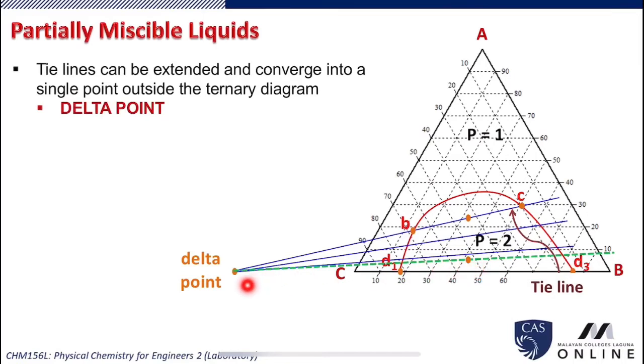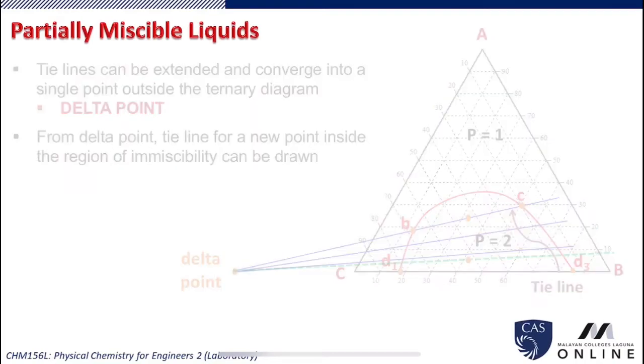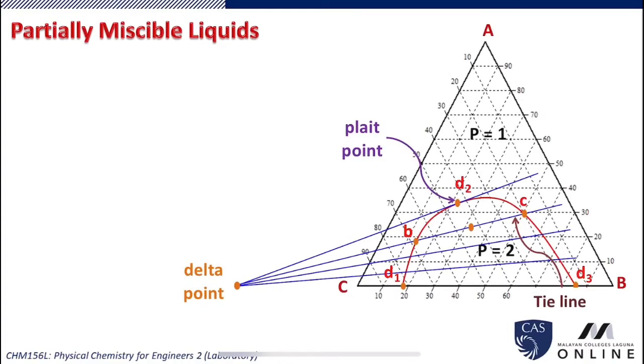So from this delta point, we could draw a line passing through that point. So we could determine the lower phase and the upper phase for that particular point that we're considering. Okay, so again, from the delta point, the tie line for a new point inside the region of immiscibility can be drawn. Also, you could draw a tangential line.